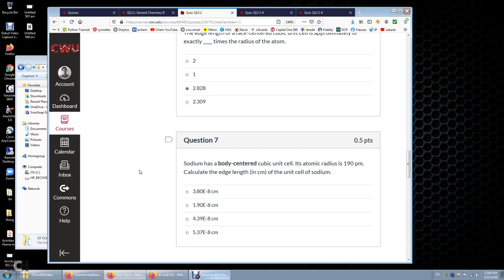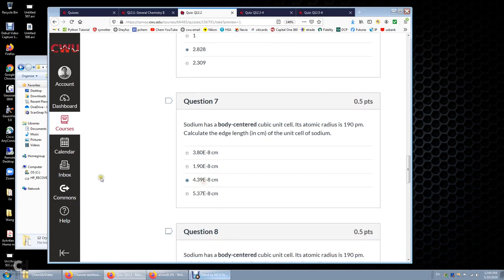Sodium has a body-centered cubic unit cell. Its atomic radius is 190 picometers. Calculate the edge length. So it's just 190 picometers times 2.309. Again, it's 190 picometers times 4. You'll get the body diagonal, between 2 opposite corners of the cube.